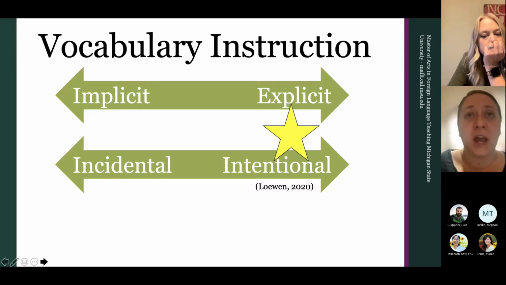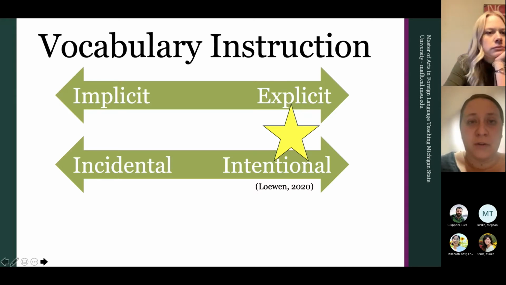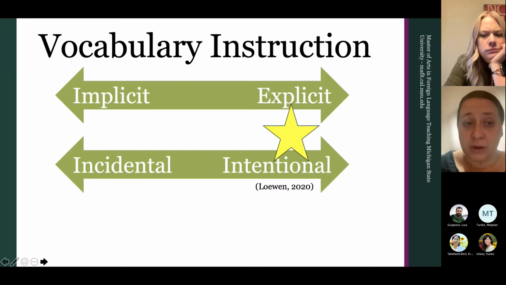In my context, we have a textbook or a series of leveled readers for reading and writing vocabulary, but we don't necessarily have a mandated curriculum for our oral language.